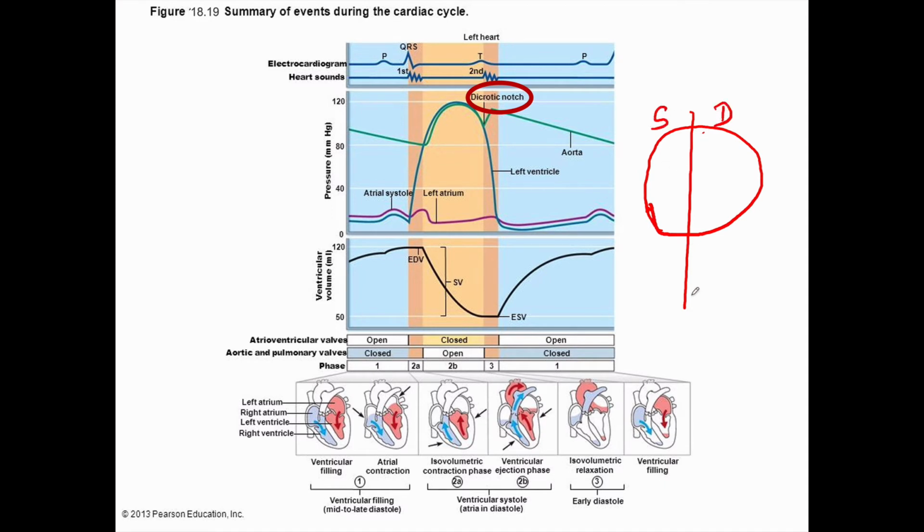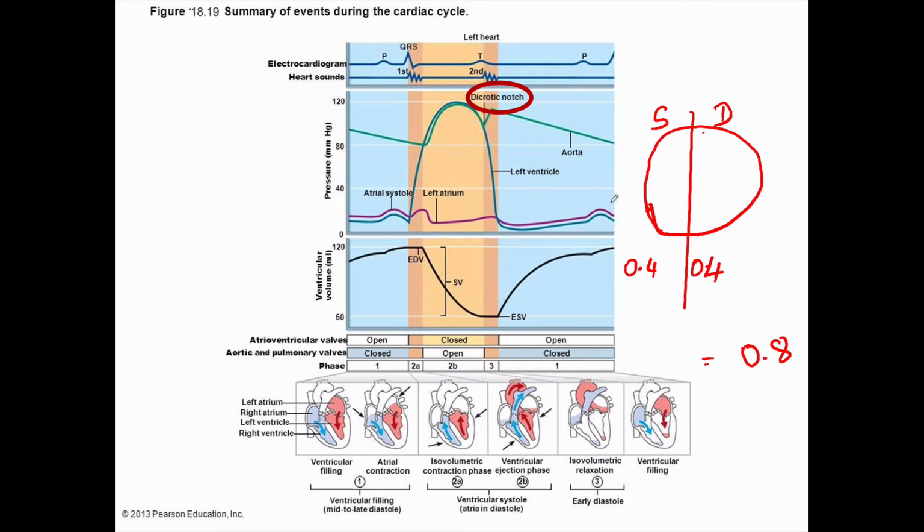Systole takes 0.4 second, diastole takes 0.4 second. So both systole and diastole together equal 0.8 seconds. Okay, this is one cardiac cycle time. For one heart to contract and relax, it takes this much amount of time.